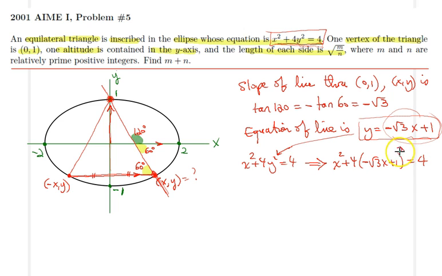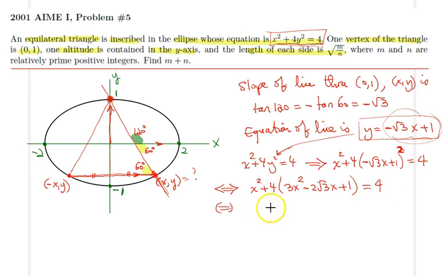Oh, there's a square here, obviously. I will go ahead and square both sides, so this is equivalent to saying that x squared plus 4 times (3x squared minus 2√3 x plus 1), and that whole thing is equal to 4.